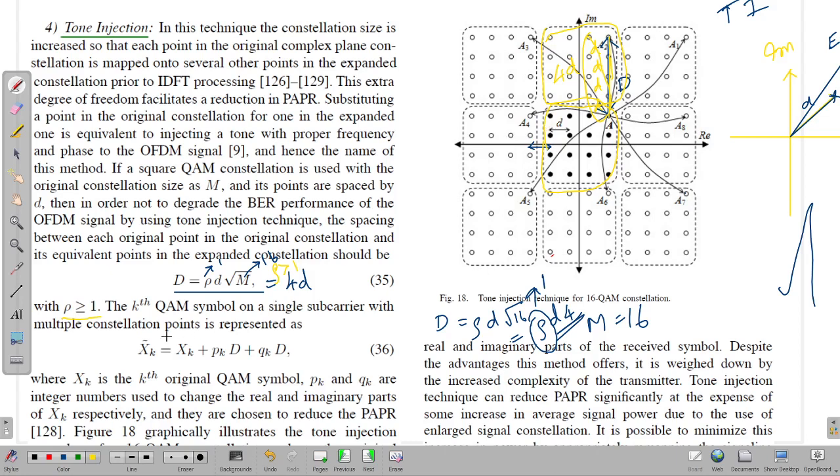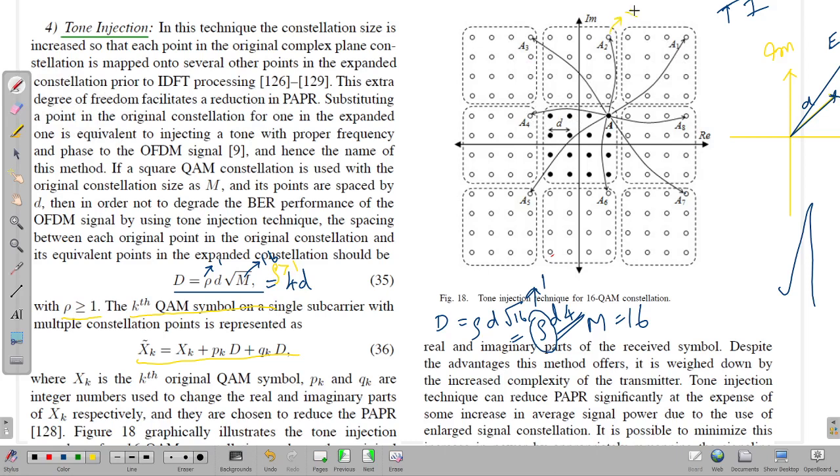Now the kth QAM symbol on a single subcarrier with multiple constellation points can be represented like this. So xk tilde, which can be any of these extended points.